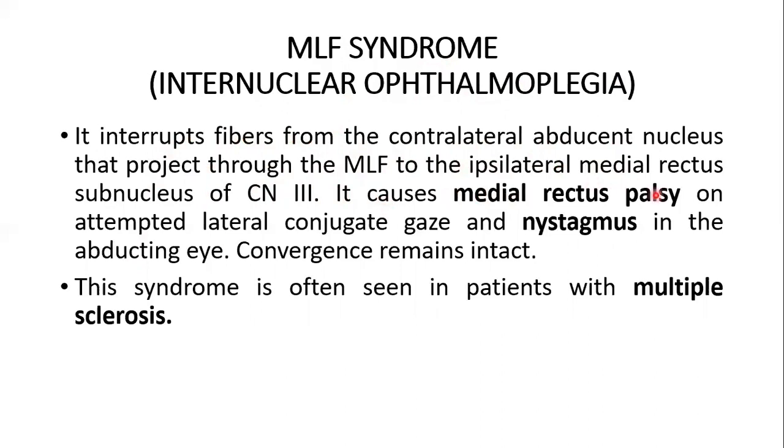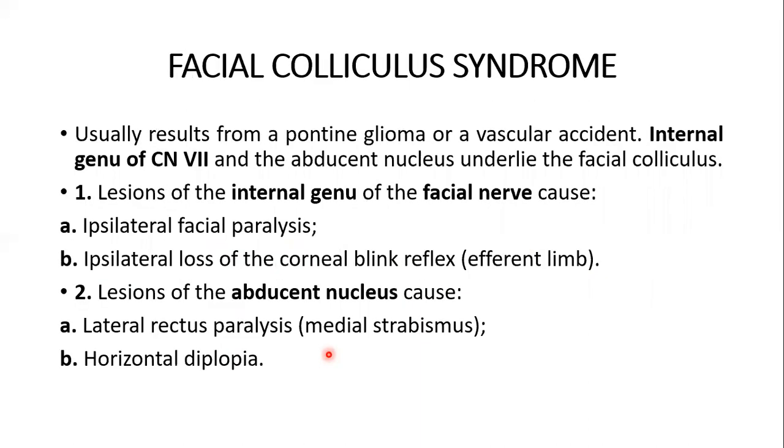It causes medial rectus palsy on attempted lateral conjugate gaze and nystagmus in the abducting eye. Convergence remains intact. This syndrome is often seen in patients with multiple sclerosis, MS.